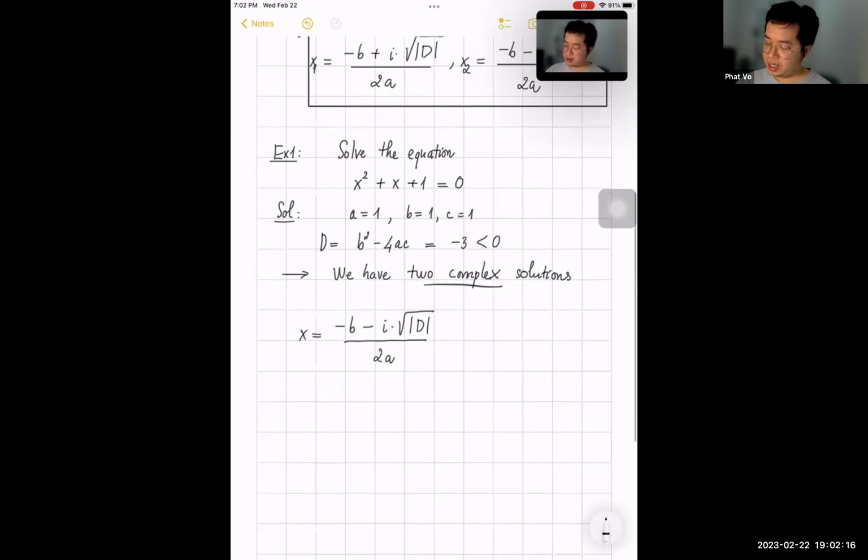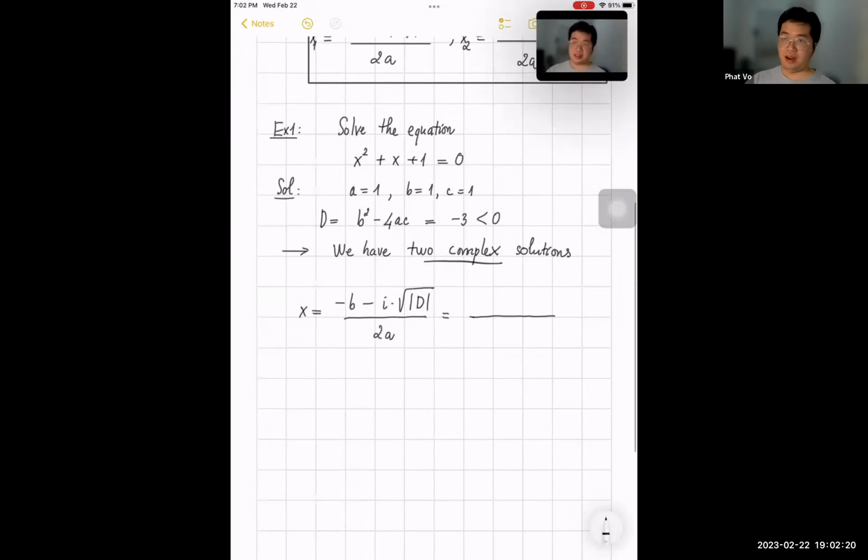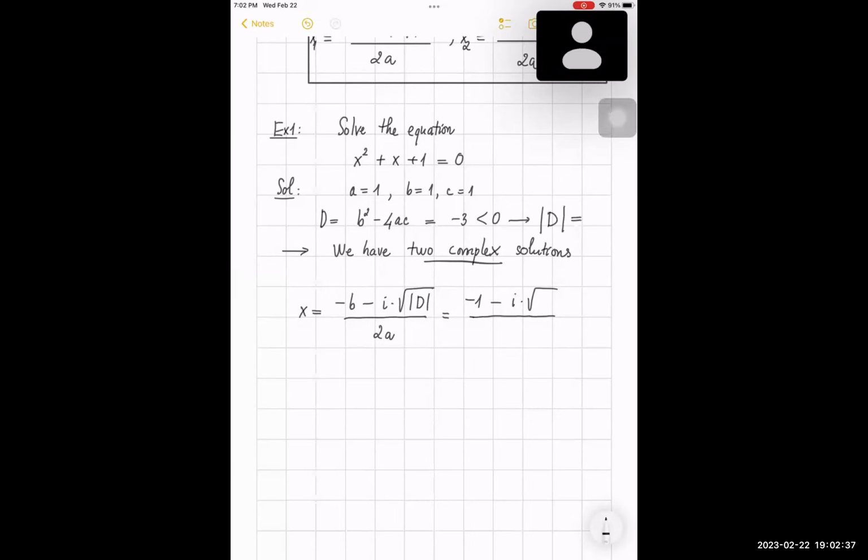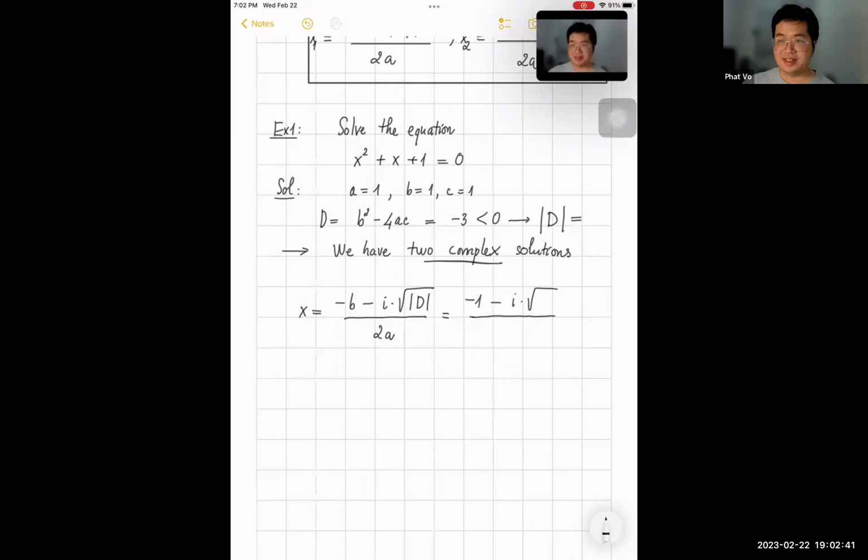So now we relate b, D and a to this formula, right? We have b here as 1, so -1 minus i times the square root of the absolute value of D. So what is the absolute value of D? Would it be -3? No, the absolute value: 3. Yeah, the absolute value of -3 is 3, right?